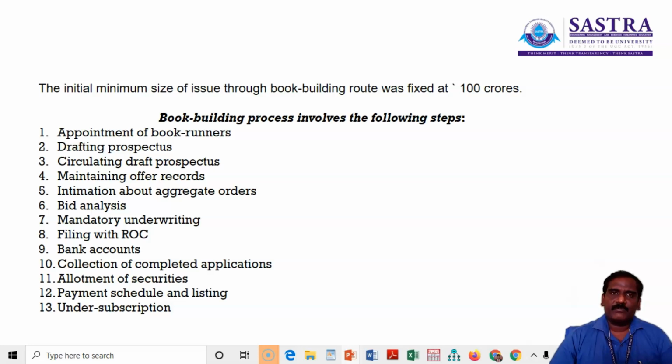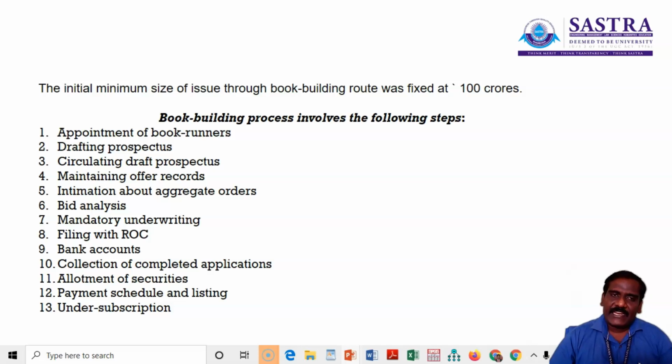The draft copy of the prospectus is circulated to prospective investors to whom the issue is going to be floated, and offer records are maintained, showing what offers are given by the different investors in the market. Institutional investors, for example, state the price at which they are ready to buy or invest in such securities.